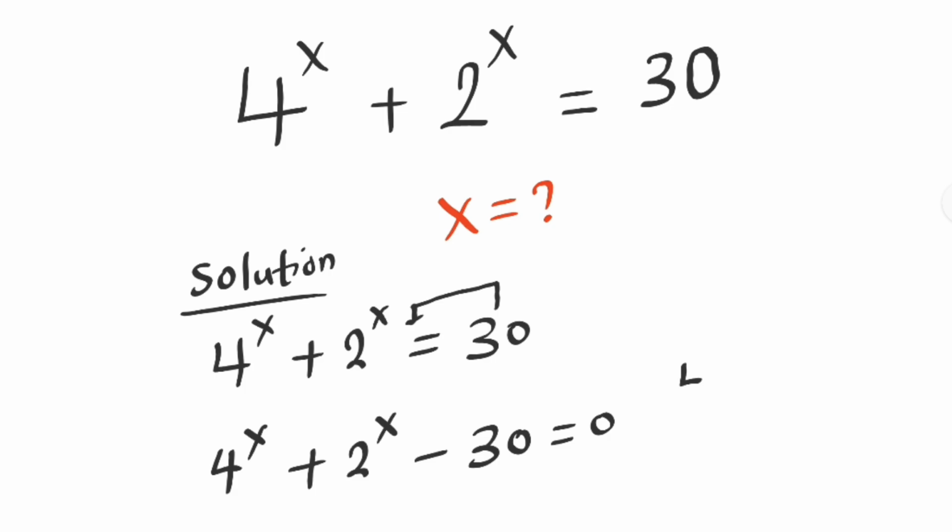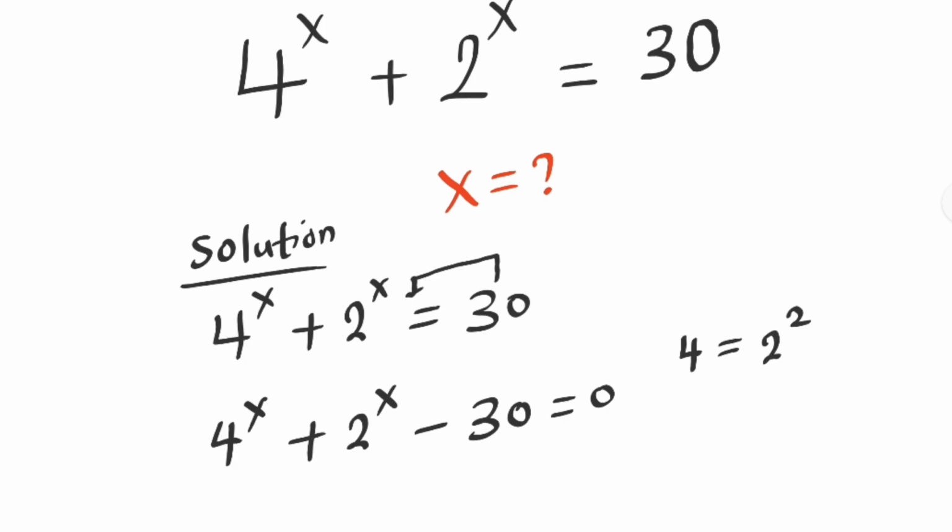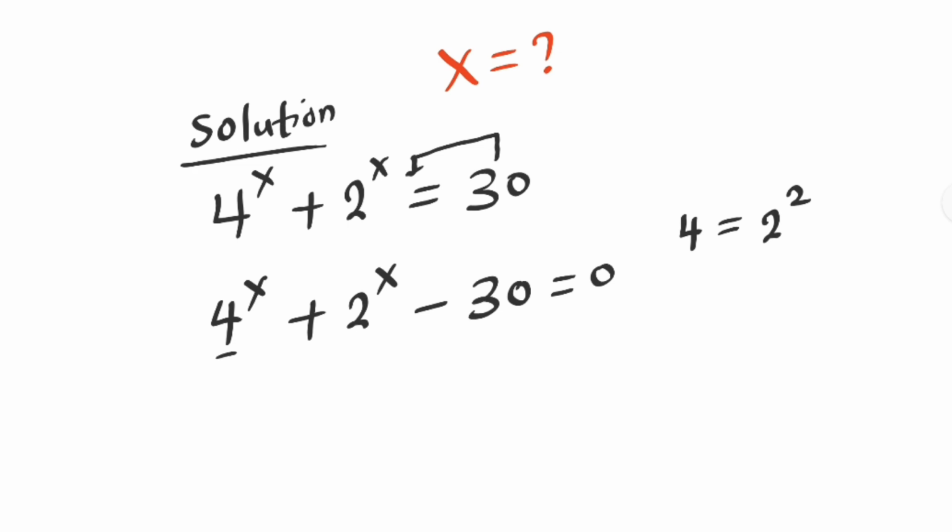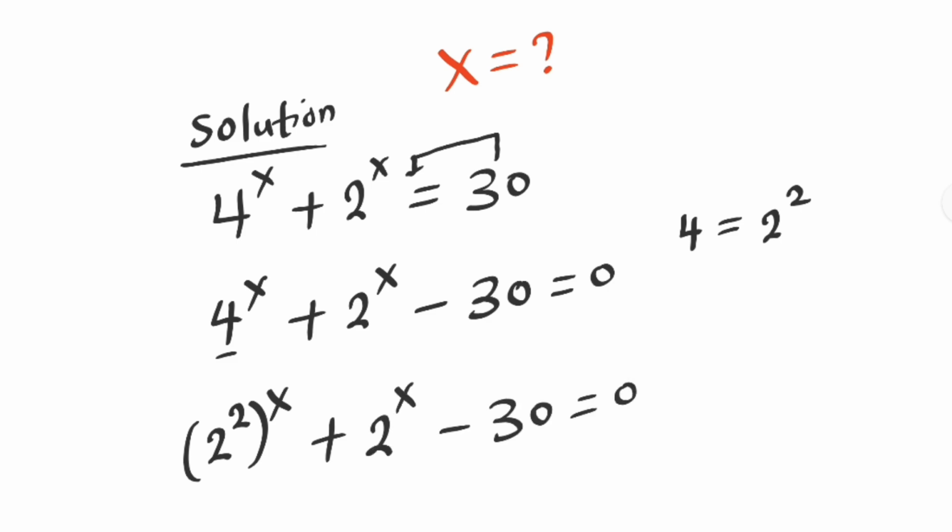But 4 is equal to 2 squared. Then this can be written as 2 squared all to the power of x plus 2 raised to power x minus 30 is equal to 0.